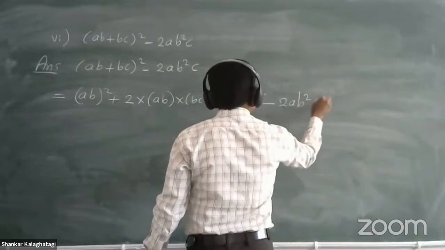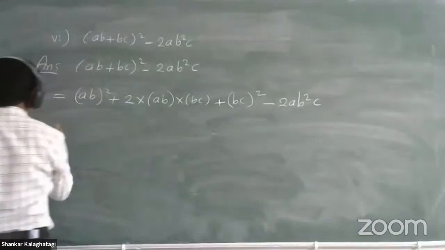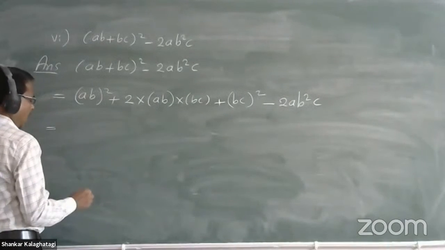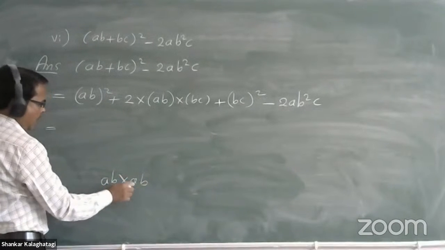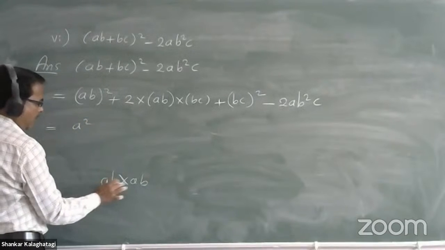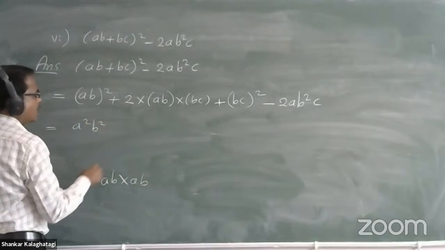Minus 2AB²C comes. Here (AB)² is AB into AB, so A into A is A², B into B is B², so A²B².